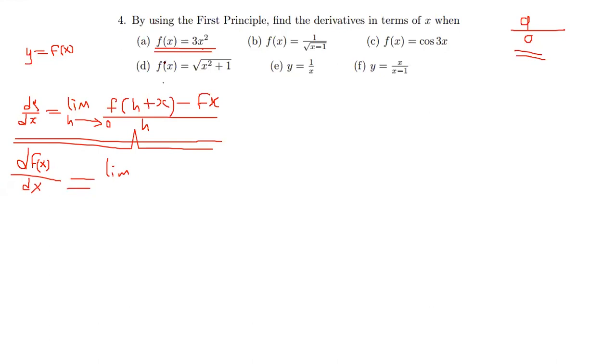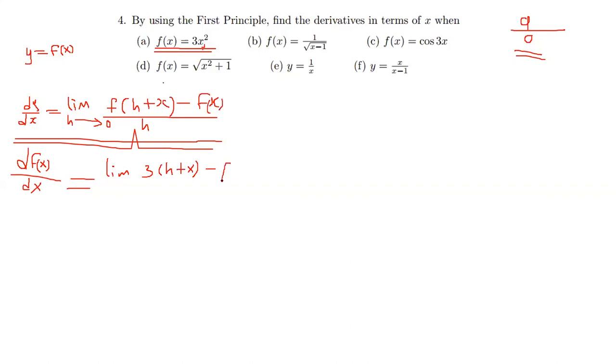In short, where there is x in this expression, replace it with h plus x. So I write my function there, and where there is x, I replace it with h plus x. Then the function comes back, subtracting the function from that.